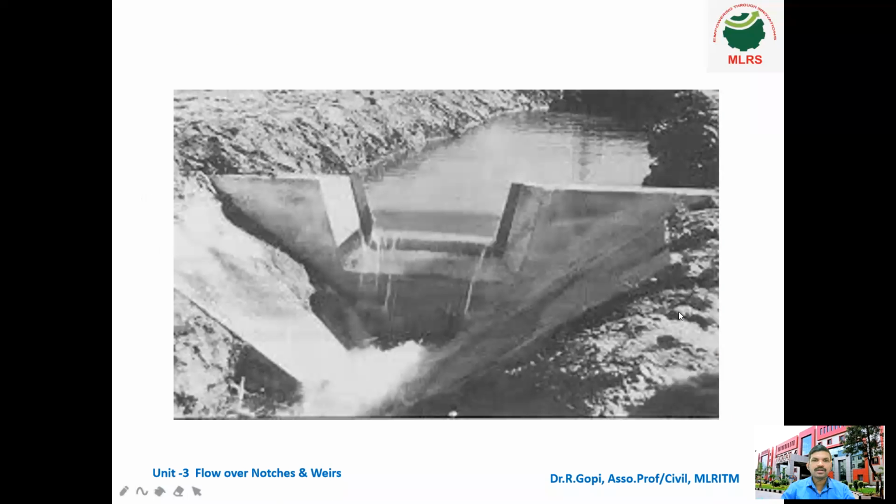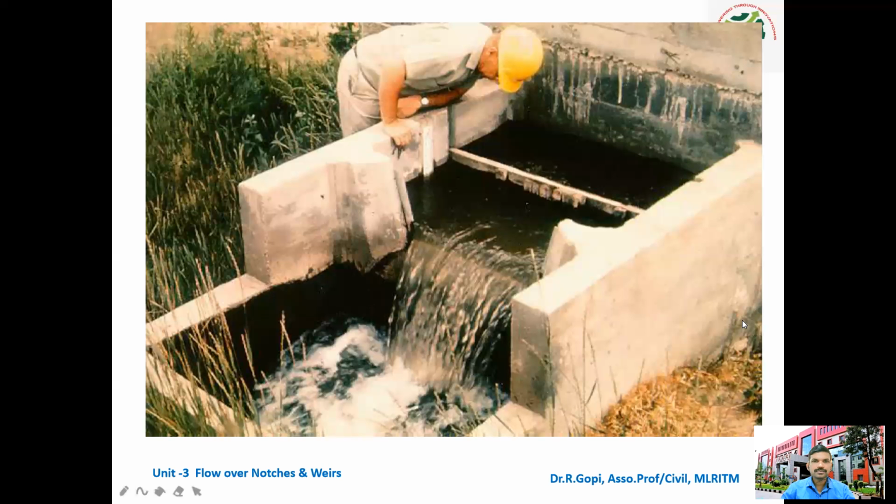This is also one of the trapezoidal notches, with water flowing in it. And here also one trapezoidal notch is there. You can see a scale is fitted to measure the depth of the water in the notch.